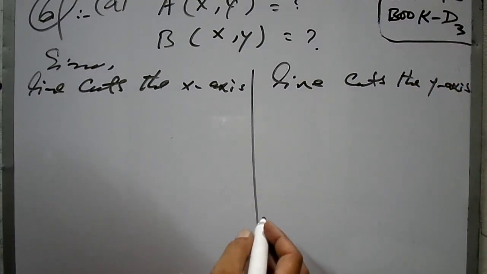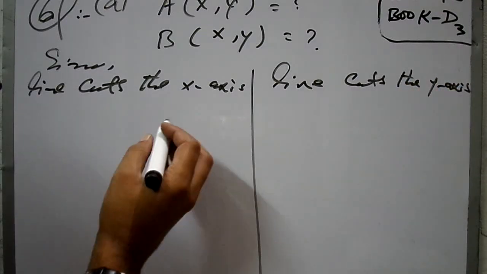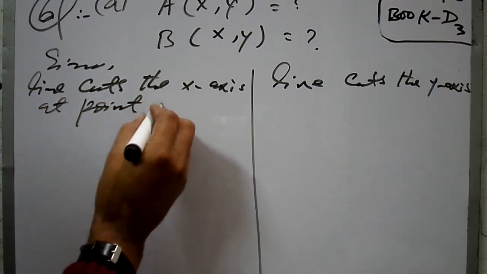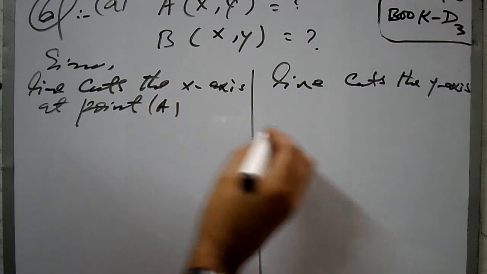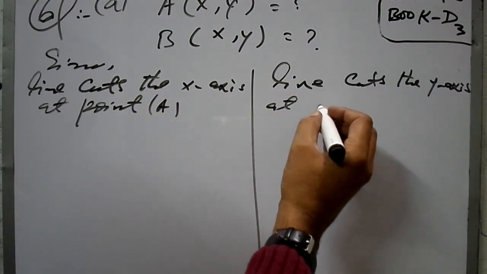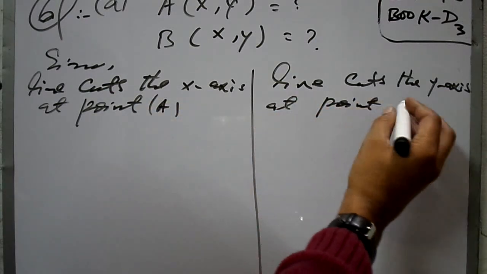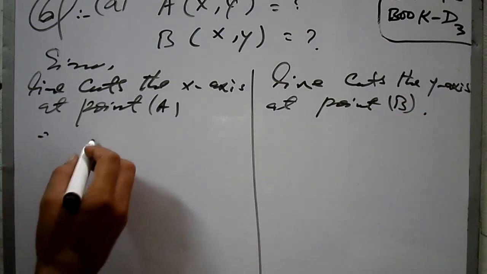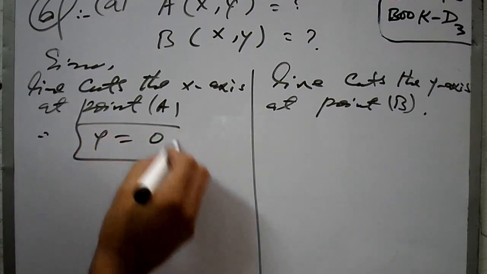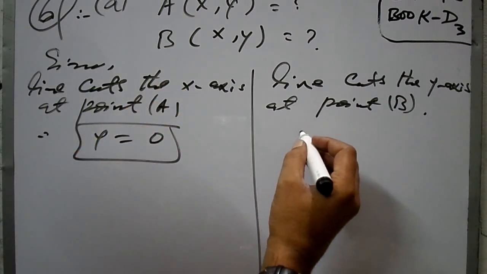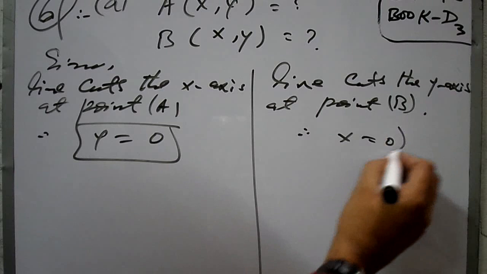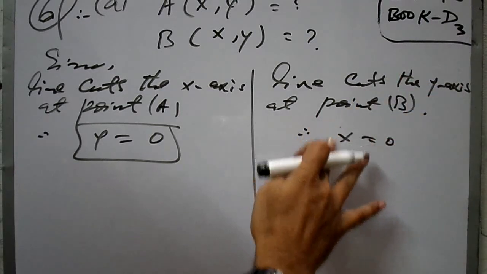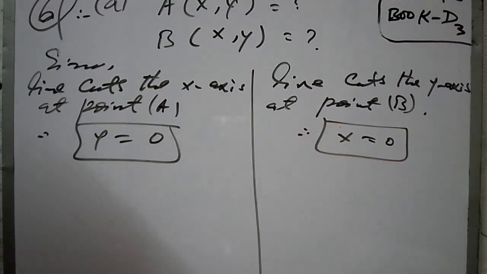So in both cases we have to calculate. So at point A on the x-axis, y is equal to 0, and at point B on the y-axis, x is equal to 0. These are the deduced results, it should be noted.